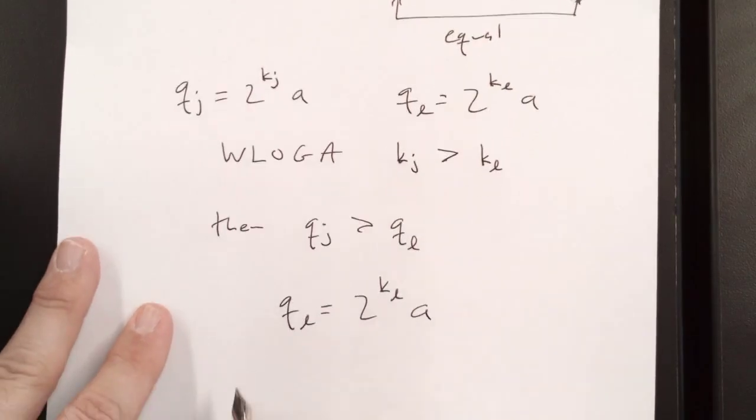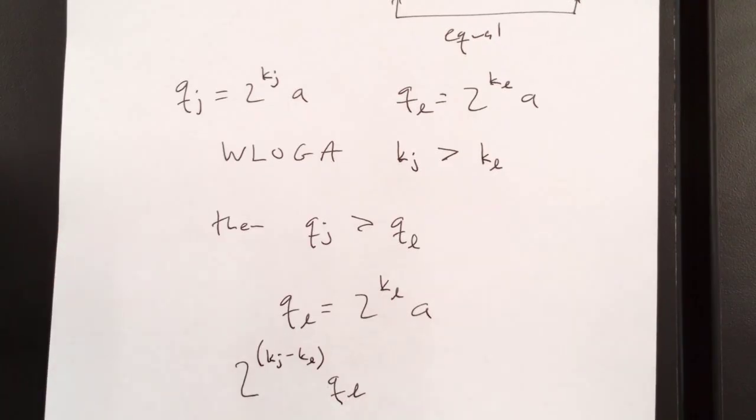Multiply that by 2 to the k_j minus k_l, some power of 2, right?